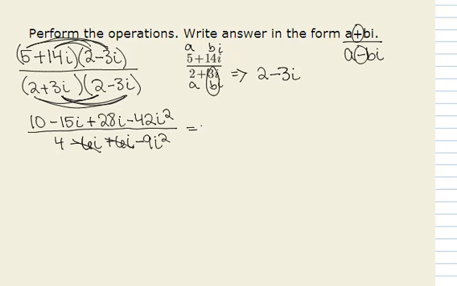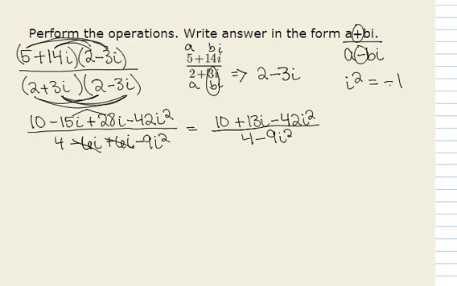So we're going to simplify this, combining like terms. In the numerator, we have the 10, and the negative 15i and the 28i we can combine to be positive 13i, and then we have minus 42i squared. In the denominator, we have 4 minus 9i squared. Now for complex numbers, i squared is equal to negative 1.